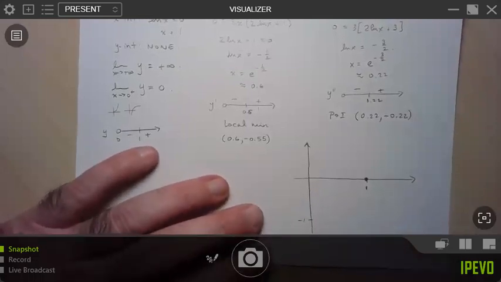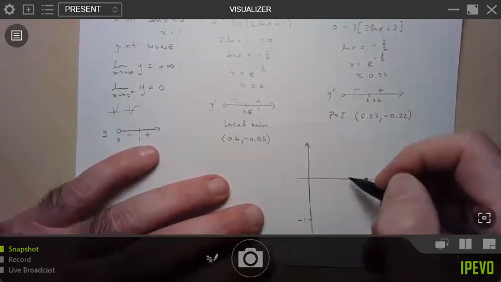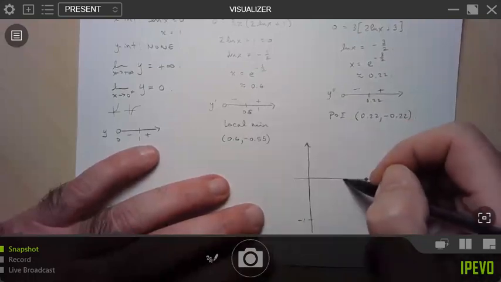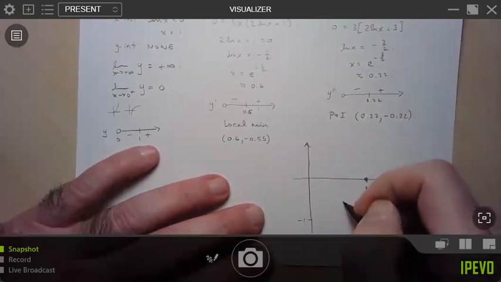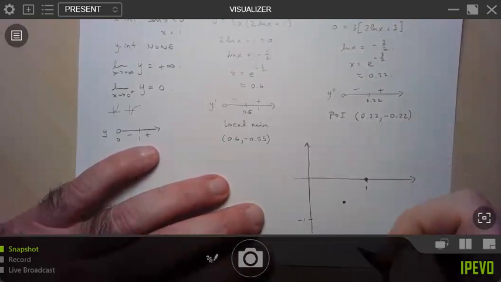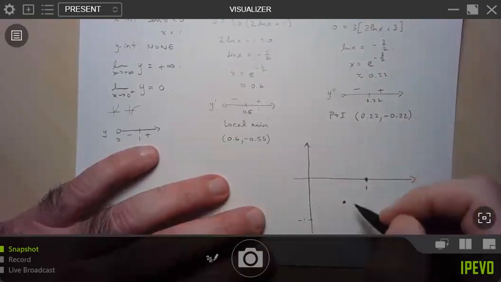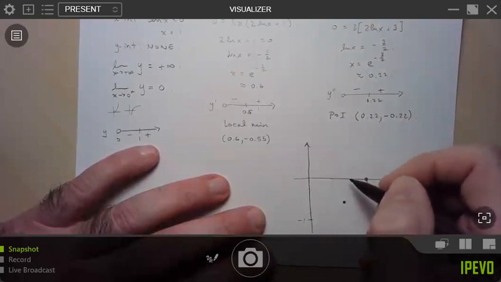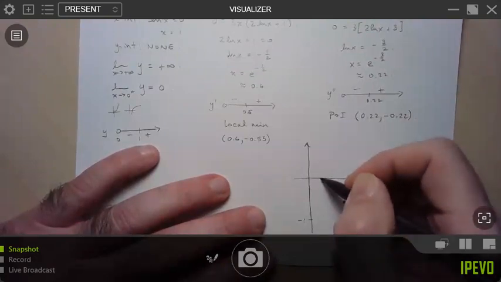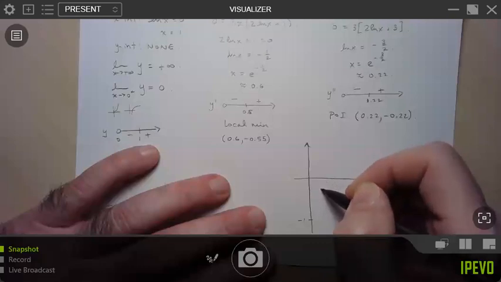I'll put -1 somewhere down here, because these numbers are very small. Now let's put the local maximum, local minimum. That's at about 0.6, a little further than the middle here. Where's my point of inflection? It's at 0.22, so a little less than a quarter, and -0.22. So somewhere there is my point of inflection.